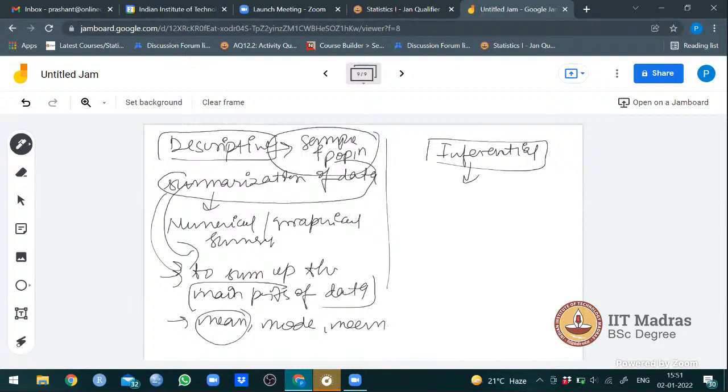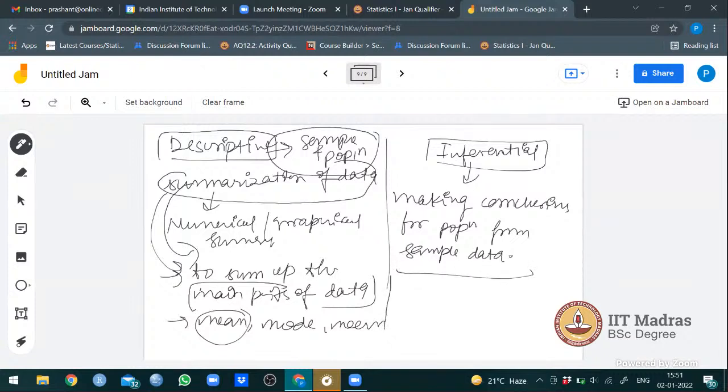And inferential is something in which we are making conclusions from the sample for the population. Simply, you can say making conclusions for the population from sample data. Suppose you stand in front of a mall and ask for reviews from the people entering the mall.